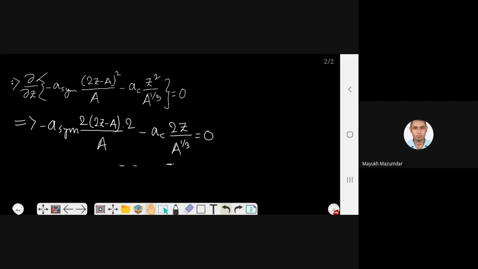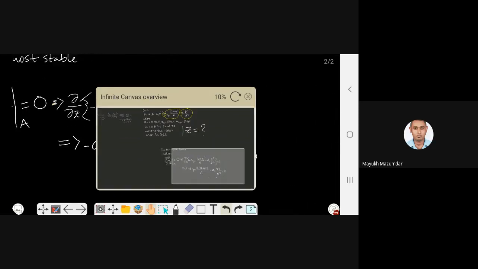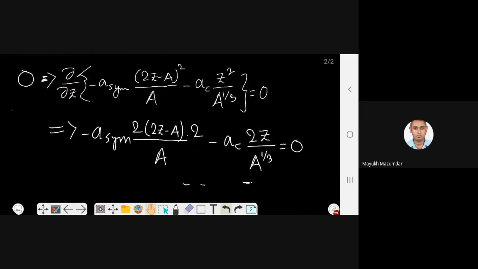Fine. Yes, sir. Okay. Keep in mind, what do we need to find? We need to find that value of Z for which it is maximum. Don't get lost. So it's a big expression. Now you have to just simplify. So the first term would be minus asymmetry.